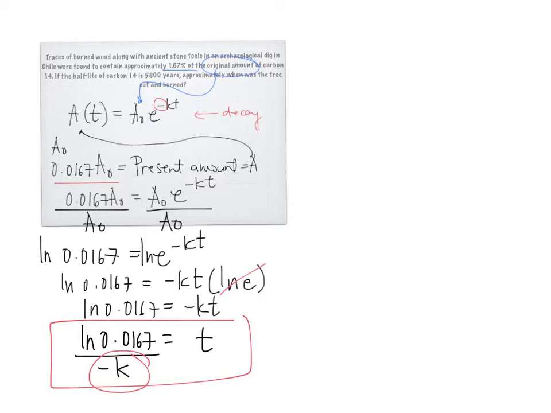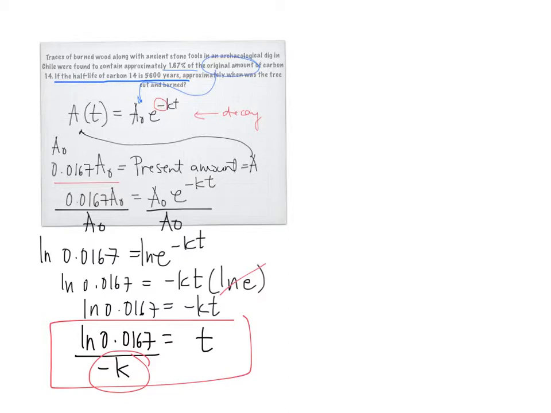Now, if you notice, there is a statement saying that the half-life of carbon-14 is 5,600 years. So half-life again is a time when half of the amount is present.